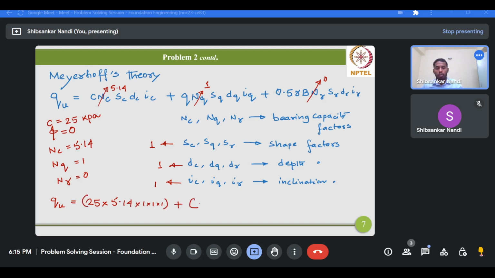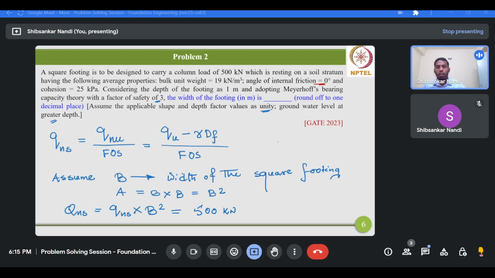plus Q. Now what about Q? So Q is the surcharge at the foundation level. So foundation depth is 1 meter. Okay, the depth of the footing is 1 meter. And what is the bulk unit weight? 19 kilonewton per meter cube. Again, you need not bother about the groundwater table. Why? Because the groundwater table is located at a greater depth.